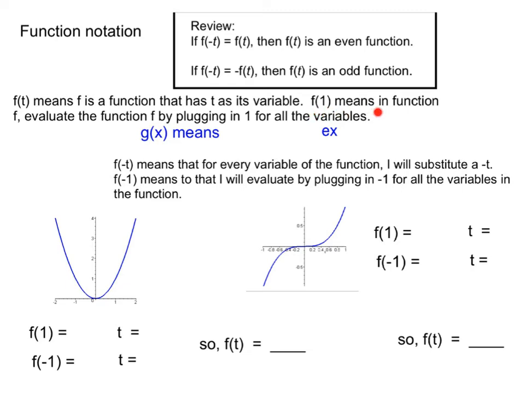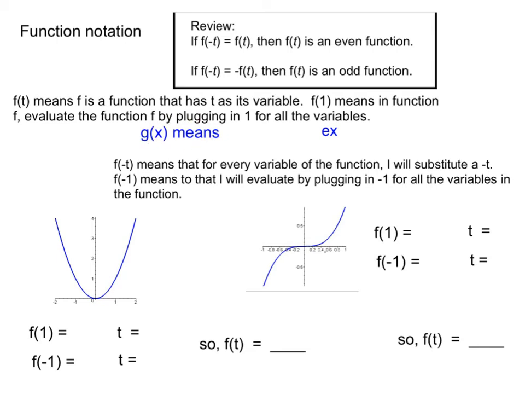F of 1 means that in the function, evaluate f by plugging in a 1 for all the variables. Okay? F of negative t means that for every variable of the function, I'm going to substitute a negative t. So f of negative 1 means that I'll evaluate it by plugging in negative 1 for all the variables in the function and see what happens. What does it look like in the original function?